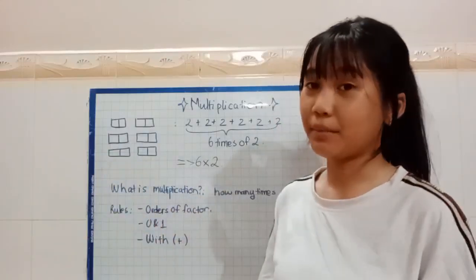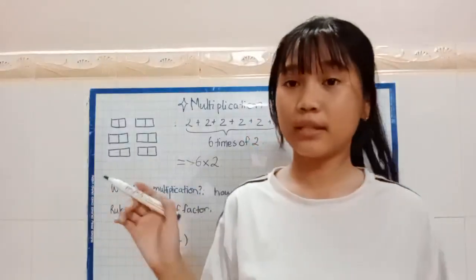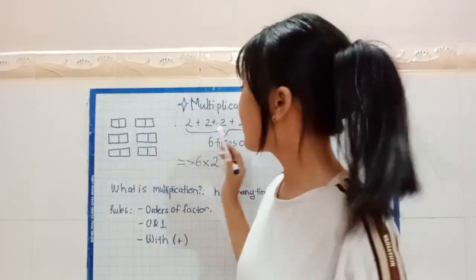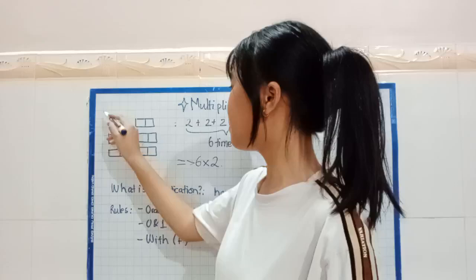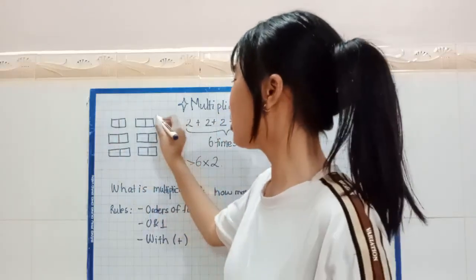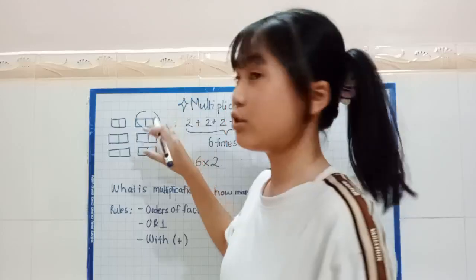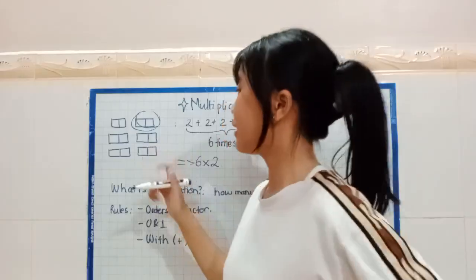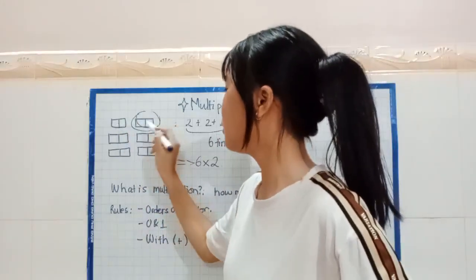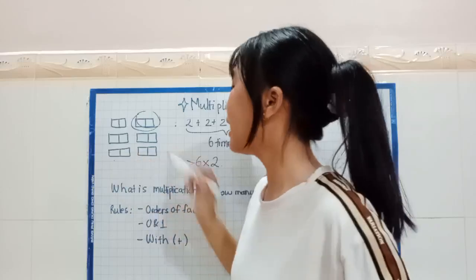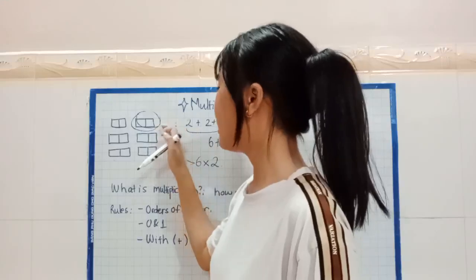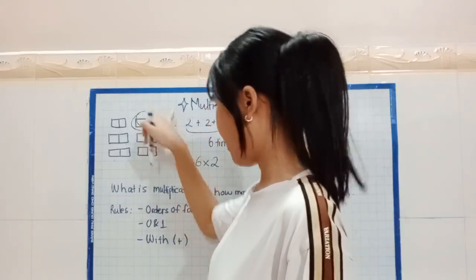So let's look at this problem here. You could see 1, 2, 3, 4, 5, 6 cubes, 6 parts of cubes, and each one like this is 2 cubes. Okay? So now you could count. We have 1, 2, 3, 4, 5, 6, 6 times of these cubes grouped together.